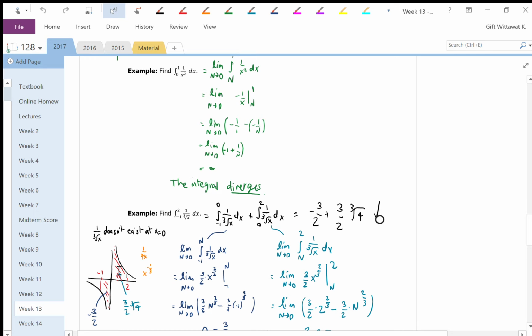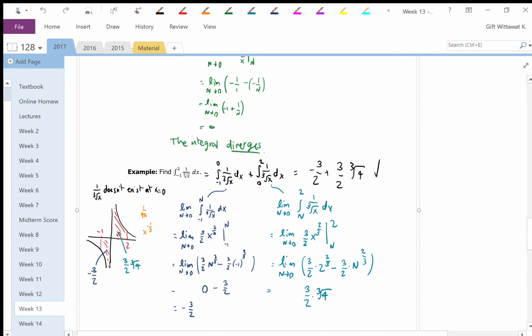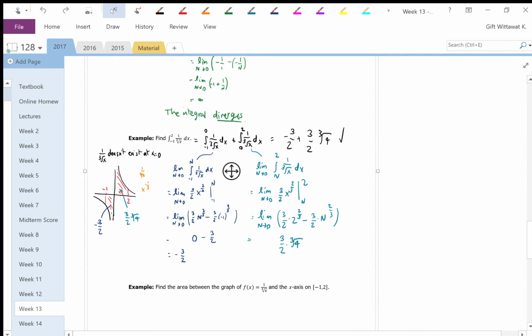To deal with that, you have to use the sneaky improper integral. Instead of integrating from negative 1 to 0, I replace that 0 by n and take the limit as n goes to 0. That's the safe way of doing it.